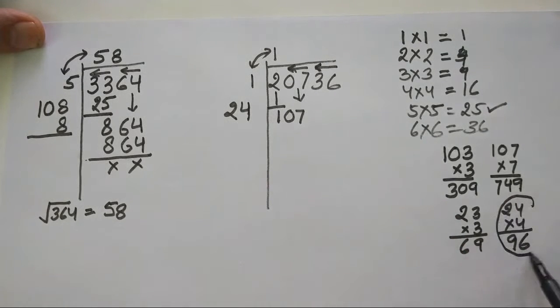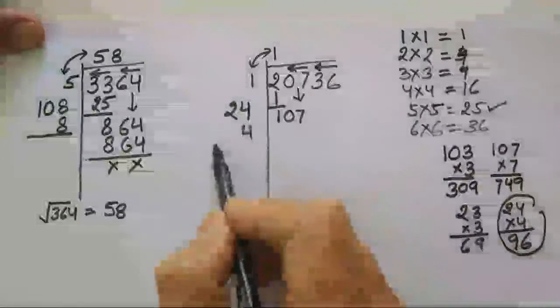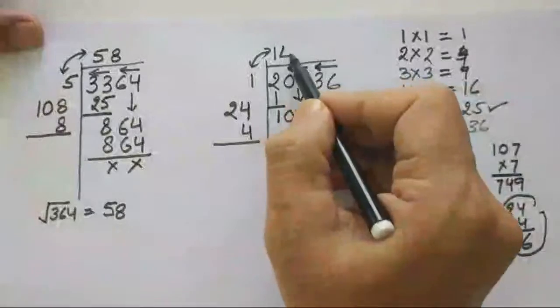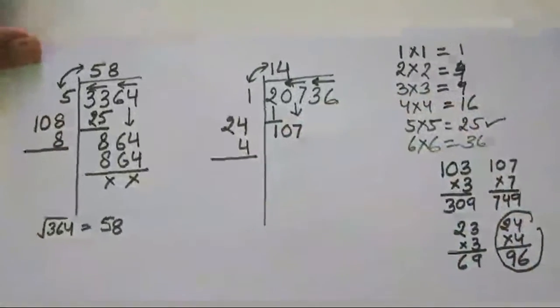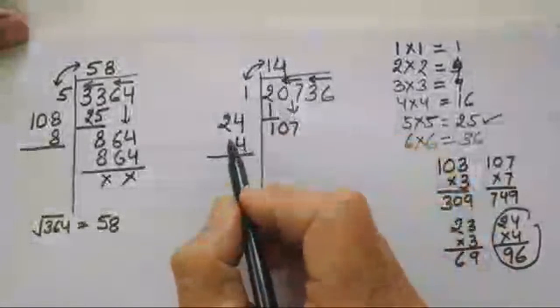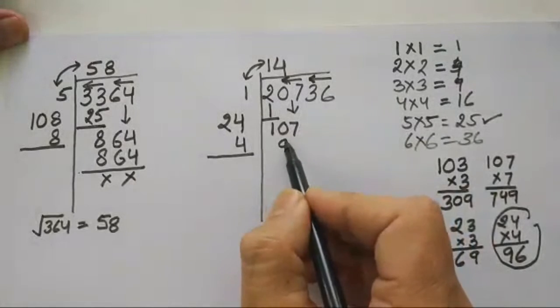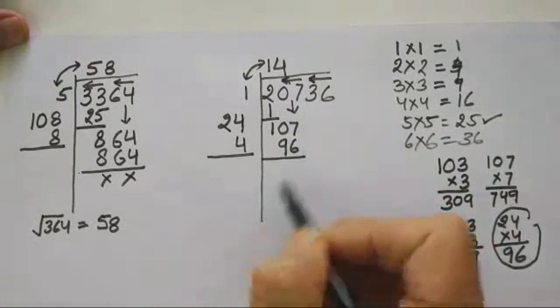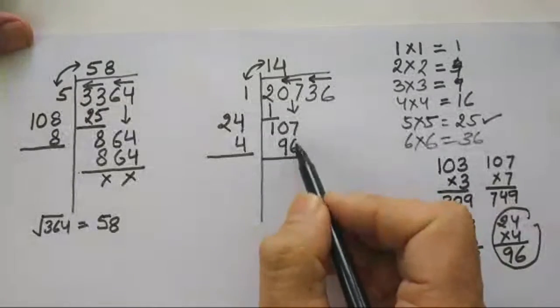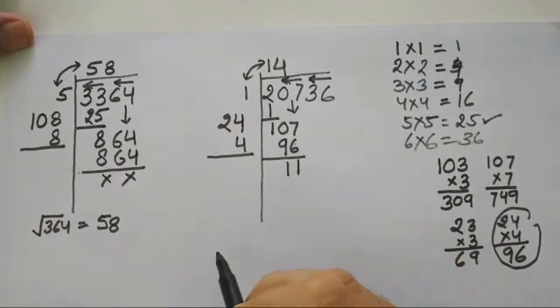So I have to select this number, and I will write 4 here and 4 here also, and 4 will come here also. So now the square root of the number will become 14, and 24 into 4, just now we saw, is 96. So I will write here 96. Then you will subtract 96, and when I subtract, it will become 11.